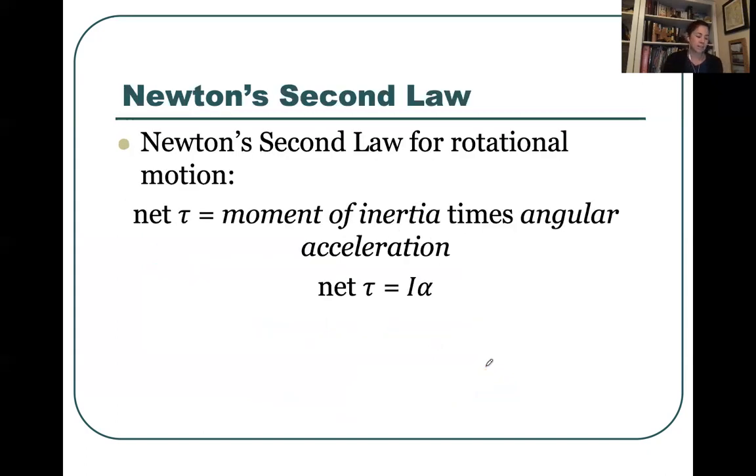So this is our Newton's second law, but for rotational motion. So here this would be the equivalent of F equals ma, but we replace force by torque, mass by rotational inertia, and linear acceleration by angular acceleration. But same idea, you would apply it in the same way that we did in the chapter on Newton's laws. Okay.